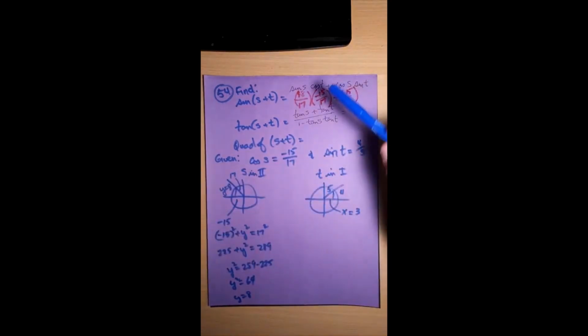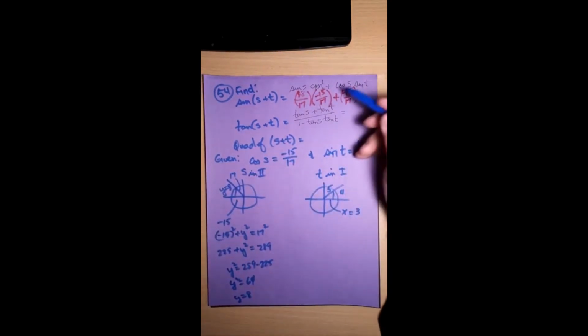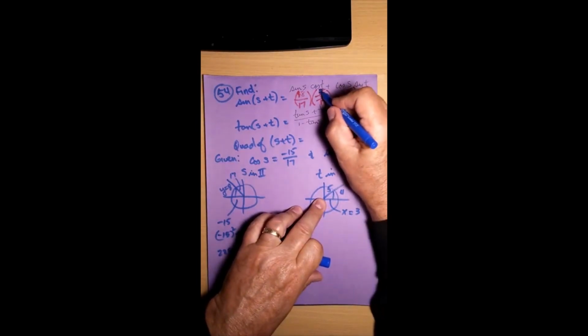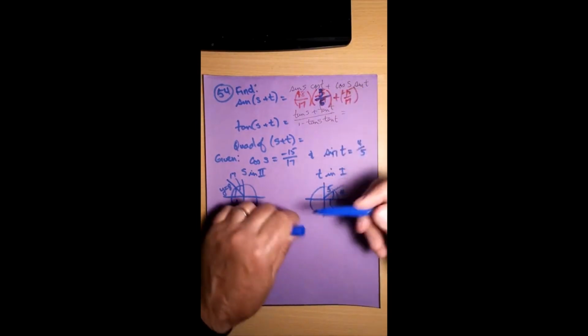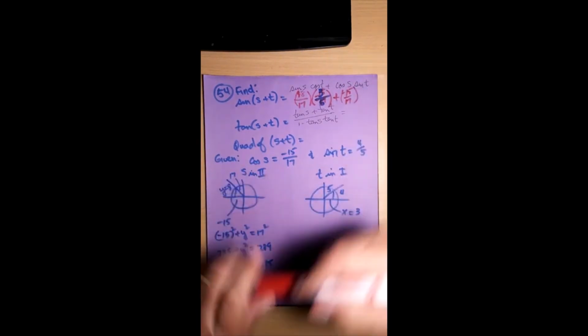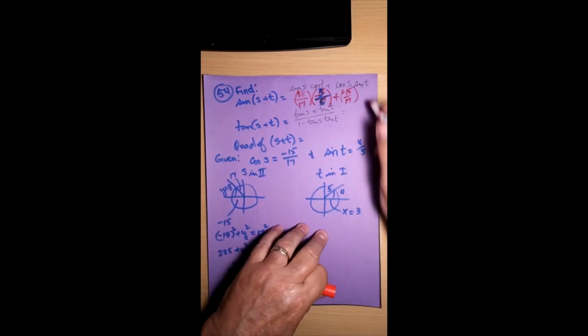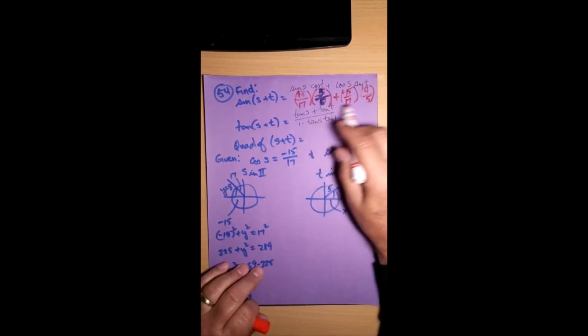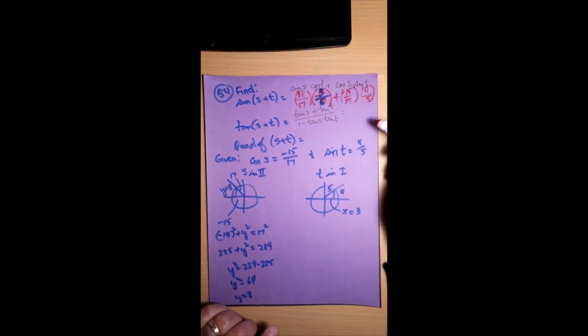I'm going to have to write over the top of it. For t, I want the cosine of t, which is 3/5. But the cosine of s is -15/17, and the sine of t is 4/5. So you can multiply those out and get an answer for that.